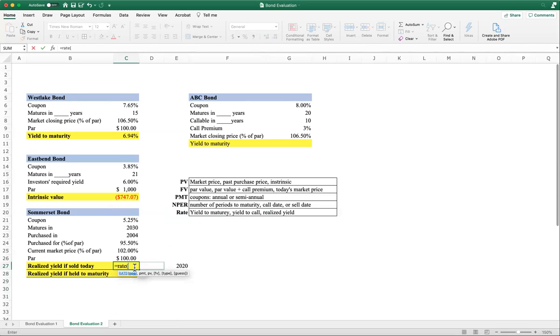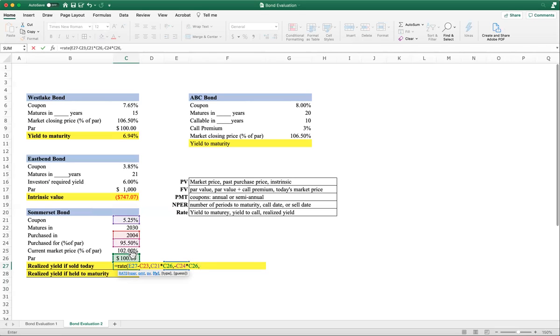So we use rate, and the number of periods is going to be 2020 minus 2004, when you bought it. The payment is going to be 5.25% multiplied by $100, that's the par. The present value is going to be negative because you paid it, negative 95.5% multiplied by the par right here.